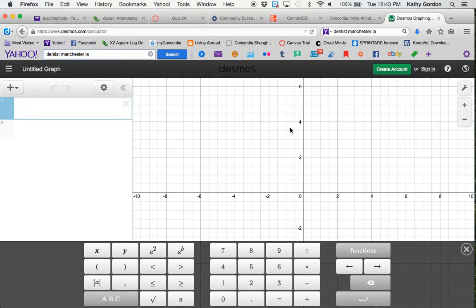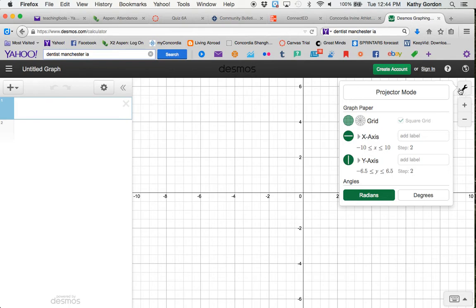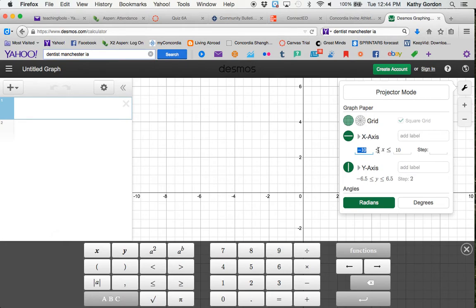And so to set it up for trig, you go up here to the little wrench, which is where you have your graph settings. I want my x values to represent radian measures. I've also already said that I want to keep my answers from 0 to 2 pi. So right here, where it's currently set negative 10 to 10, I can make that 0 to 2 pi.